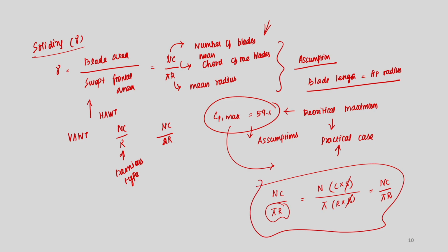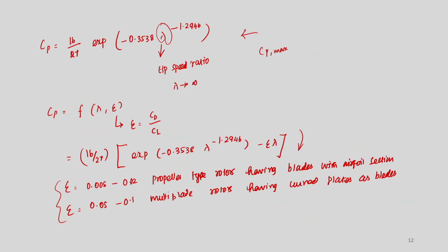As I already mentioned, we are not going in depth into wind turbine design and how we arrive at certain formulas. Since it is an introductory course, we are taking the formulas directly and calculating certain parameters, but if you are taking a dedicated wind energy course, you would learn the basis of all these things. I might also have told you that Cp, which is the power coefficient, can be obtained from certain correlations.